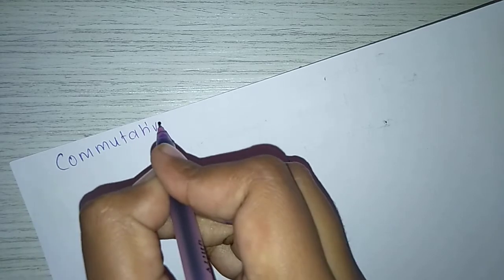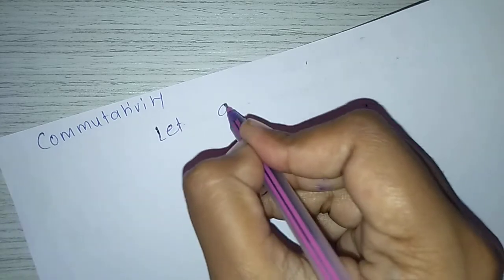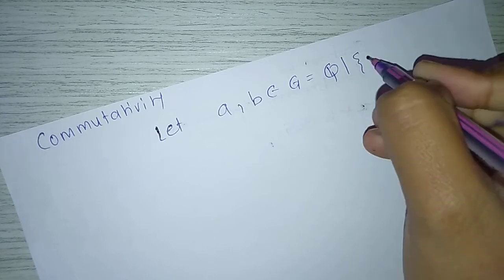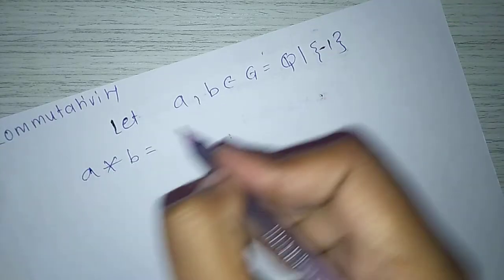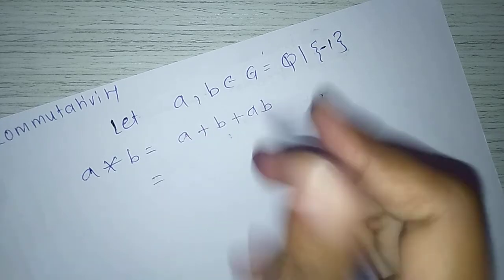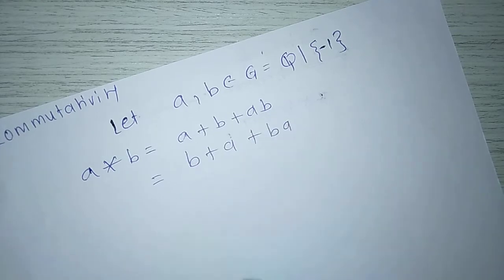Now check commutativity. Take two elements of G. Let A, B belong to G. G is Q minus {-1}. A * B = A + B + AB, and this can be written as B + A + BA.